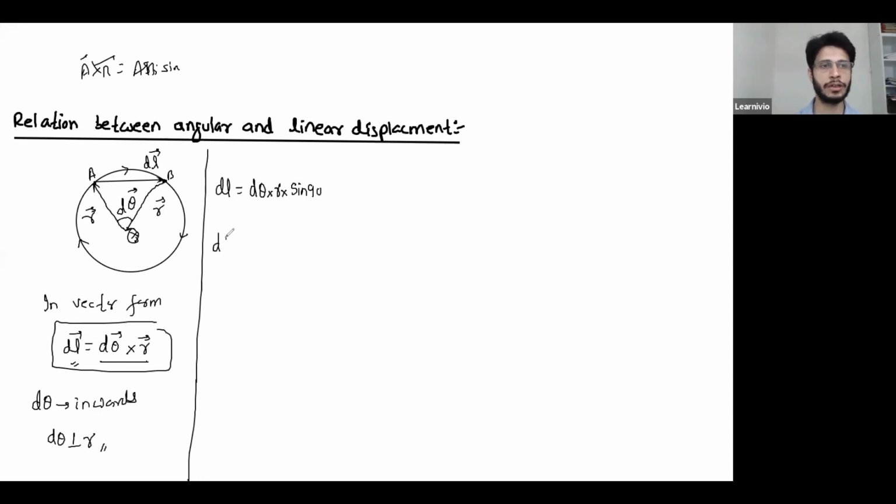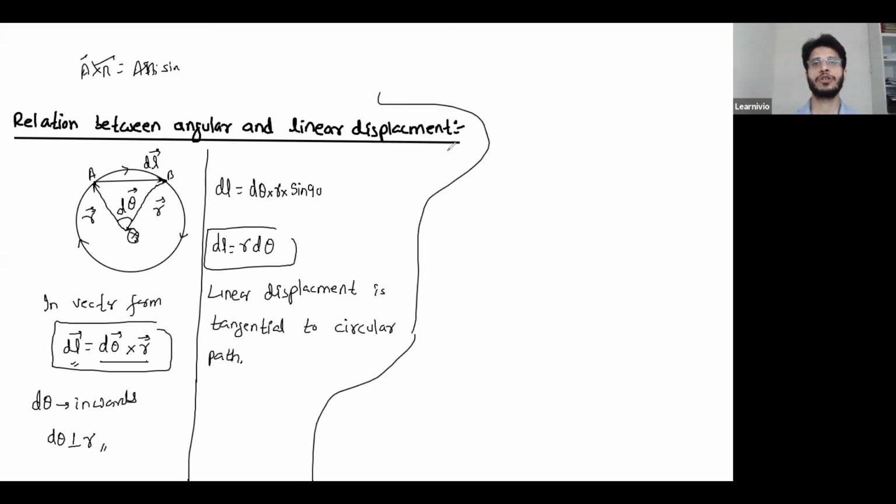So dl is r d theta. This is the relation between angular and linear displacement. Whenever you have angular displacement, there is a linear displacement attached, and you can calculate linear displacement as r into d theta. This is in the vector form. The direction of linear displacement is tangential to the circular path.